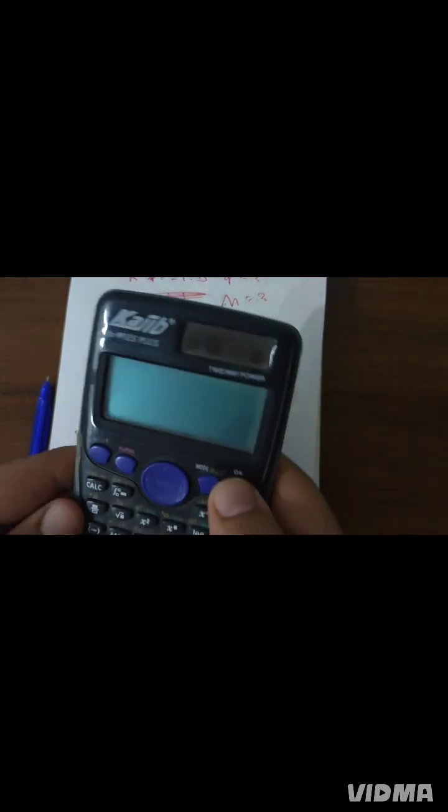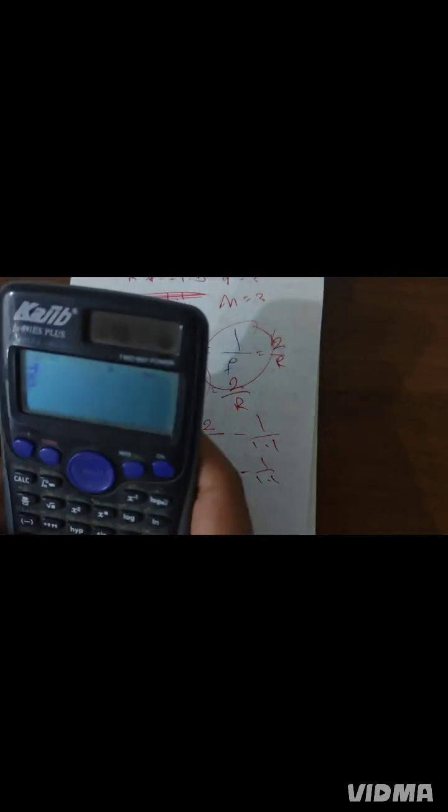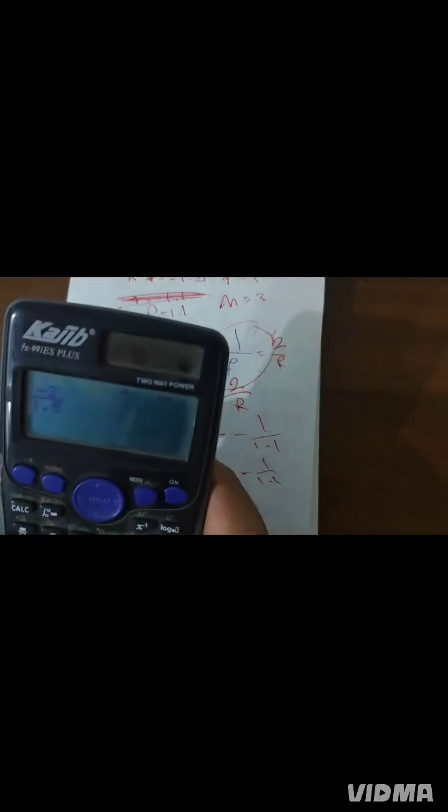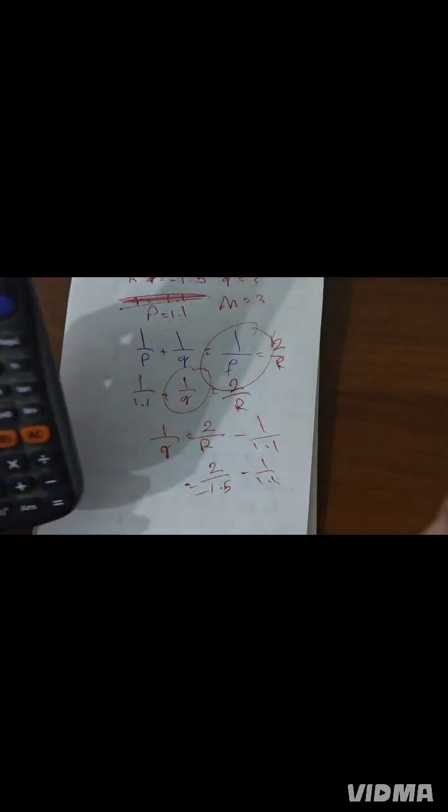At the same time, you have to add the number. You can use a calculator to get the result of this number: negative 2.24.